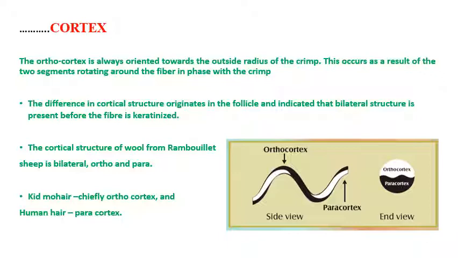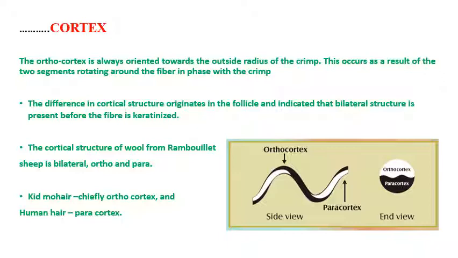This occurs as a result of the two segments rotating around the fiber in phase with the crimp. Actually, these two kinds of cells have disproportionate growth, and since the outer one grows faster than the inner one, automatically that compels the fiber to bend and make the waviness or crimpiness.